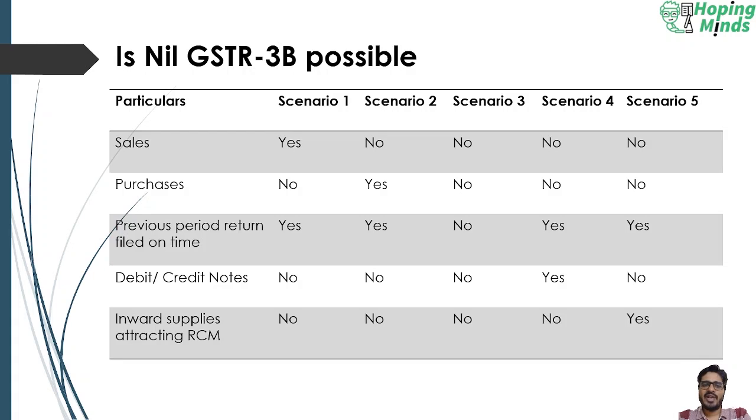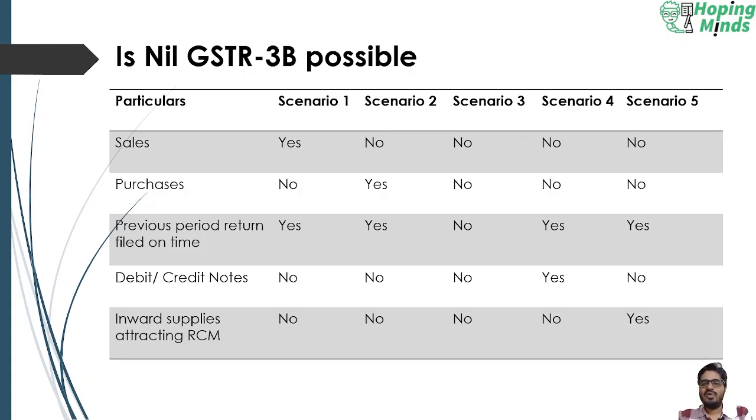In the third scenario, we have sales, no. Purchases, no. Previous period return filed on time, no. Debit notes, credit notes, no. And inward supplies attracting reverse charge mechanism, again, no. So will it be possible to file nil GSTR-3B return? The answer is no. The reason for this is our previous period return was not filed on time, due to which the interest and the late fee of the previous period will be charged in our current return.